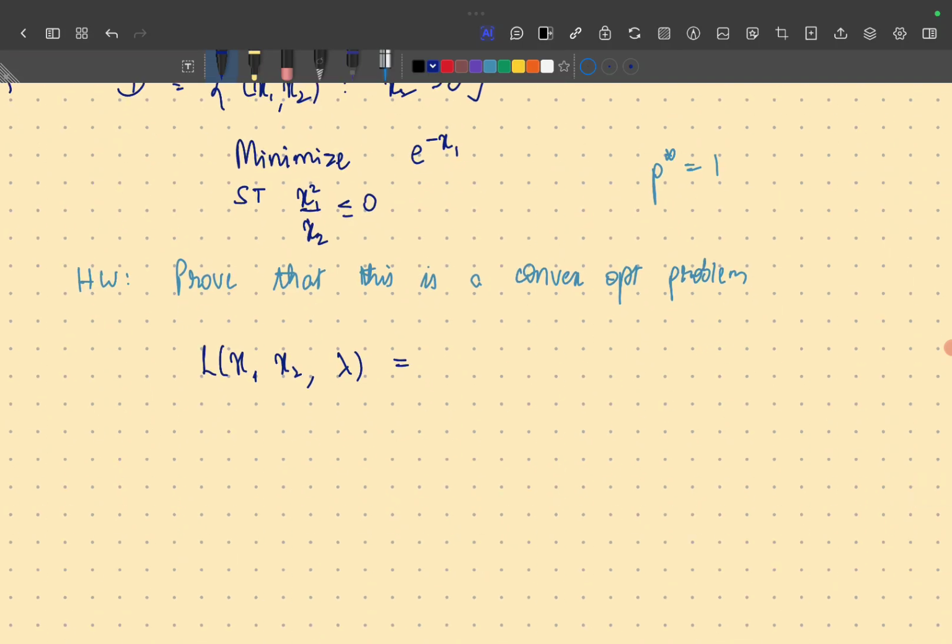Okay, so what is the Lagrangian equal to? It's e to the power minus x1 plus lambda times x1 square by x2. What is the infimum over all x1, x2 of L of x1, x2, lambda?